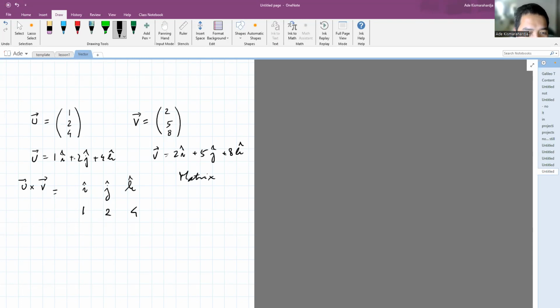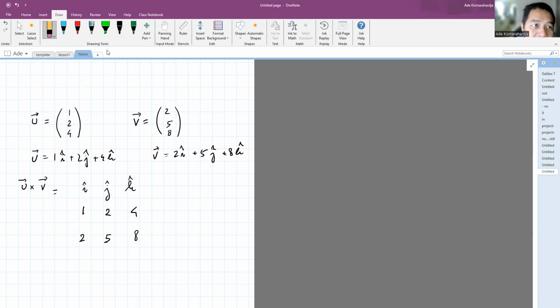So now you write like this. And then the row below that is the second vector, 2, 5, 8. So essentially, we have a matrix whose size is 3 by 3, that is 3 rows times 3 columns. That's the size of the matrix.